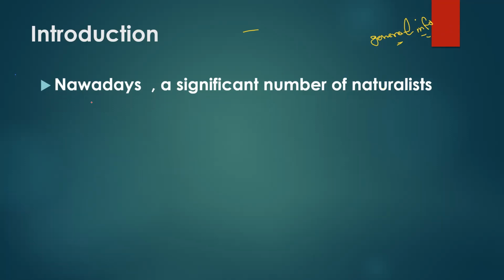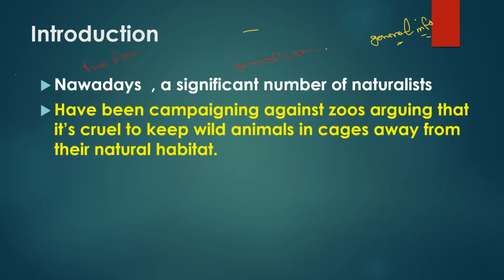Nowadays is the time fixer that we mentioned. And here, a significant number of naturalists, this is the generalization. A significant number of naturalists doing what? Have been campaigning against zoos, arguing that it's cruel to keep wild animals in cages away from their natural habitat. This is the general background about the topic.